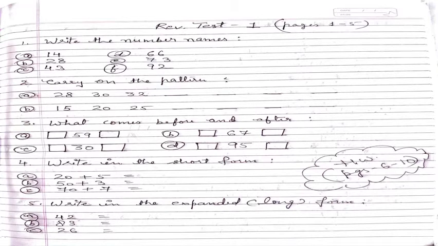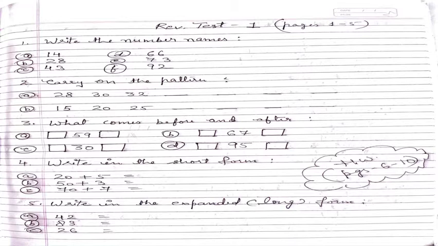Now this is revision test 1. So children, look at the first question. Write the number names. In the first question you have to write the number names, means you have to write in words.